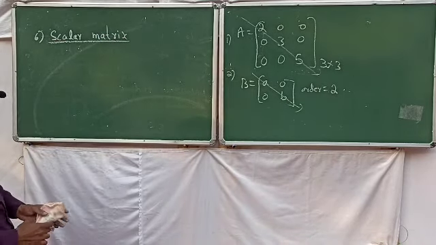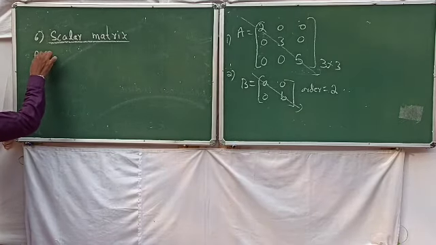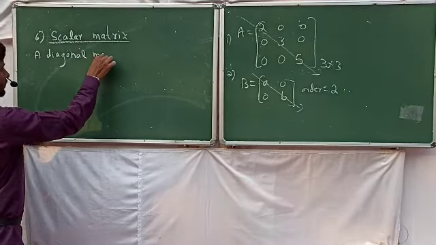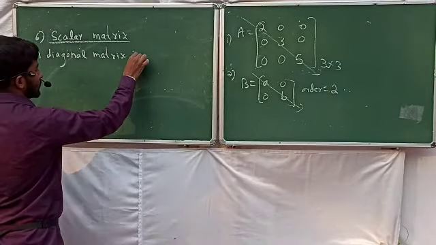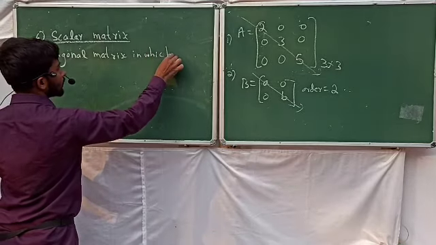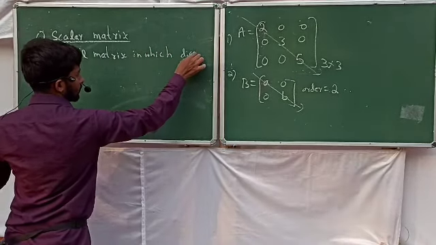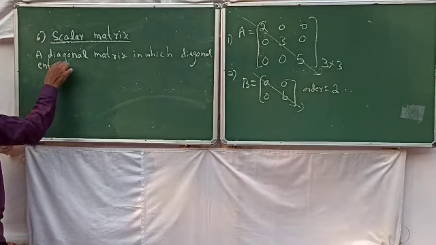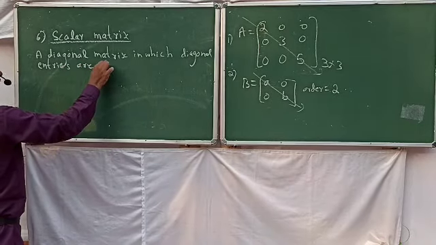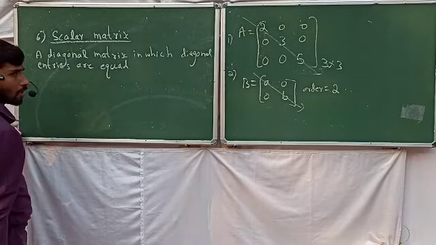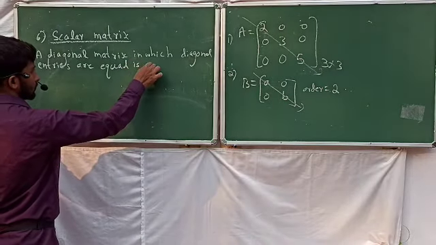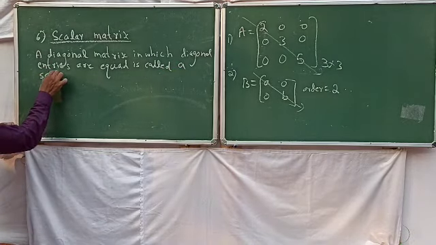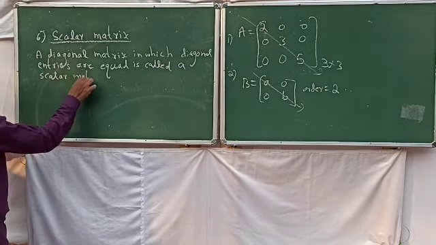Again, the definition says a diagonal matrix in which diagonal entries are equal is called a scalar matrix.